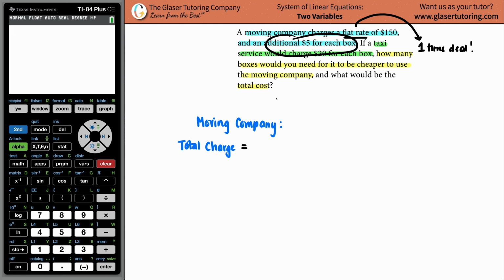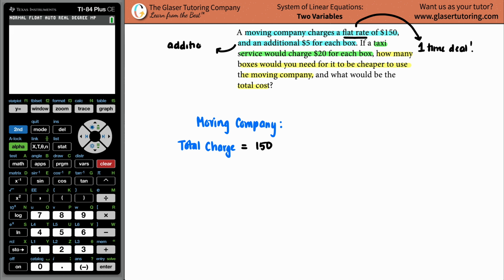plus this additional stuff. So we know that if we're going to use the moving company, we have to lay out $150. And then it says "and". Usually, when forming equations from word problems, "and" means addition.